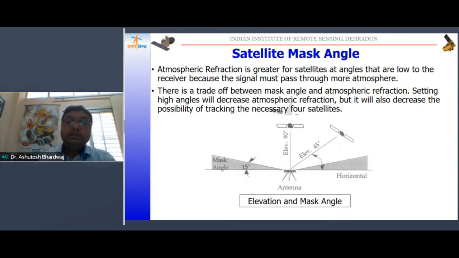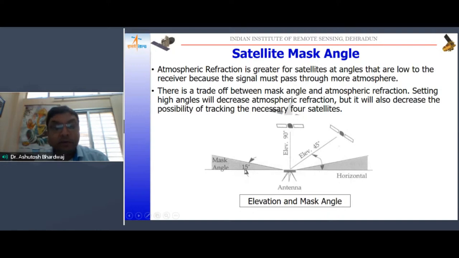Now, like the sunrise and the sunset, a satellite also rises above the horizon and starts providing signal to the receiver. At that time, the signals from the lower elevations provide larger errors, and that is why in the systems we do a setting for the elevation angle.